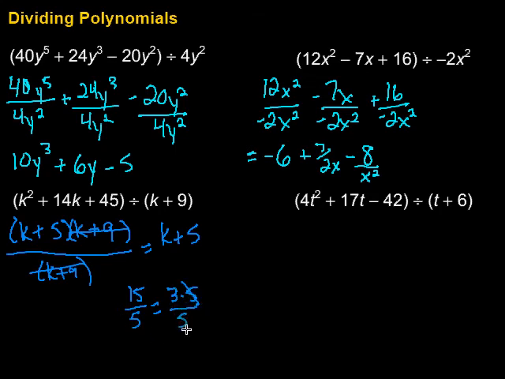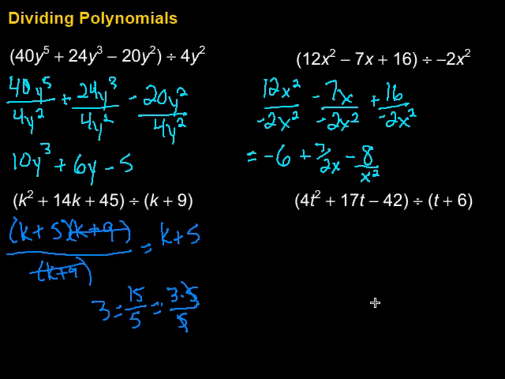Notice what happens. The 5's cancel out, and we're left with the 3, which is our quotient. Okay, so the same kind of thing happened here. We took that trinomial, broke it up, and then it simplified. That means it divided evenly, and then we're left with our quotient.